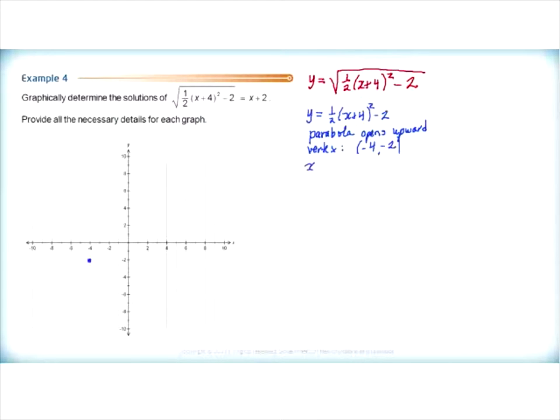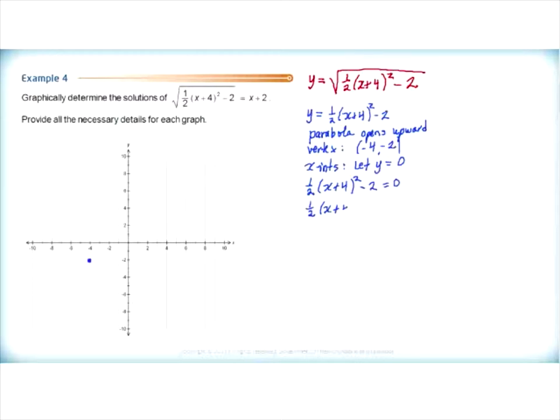The x-intercepts of that parabola will also be key points on the graph of the square root function. So the x-intercepts can be determined by letting y equal 0. So we have 1/2 times x plus 4 all squared minus 2 is equal to 0.